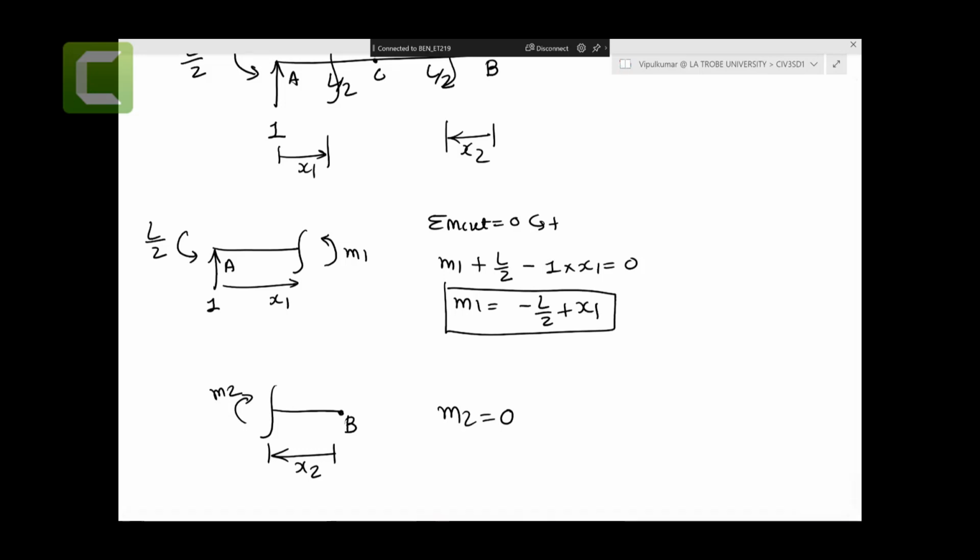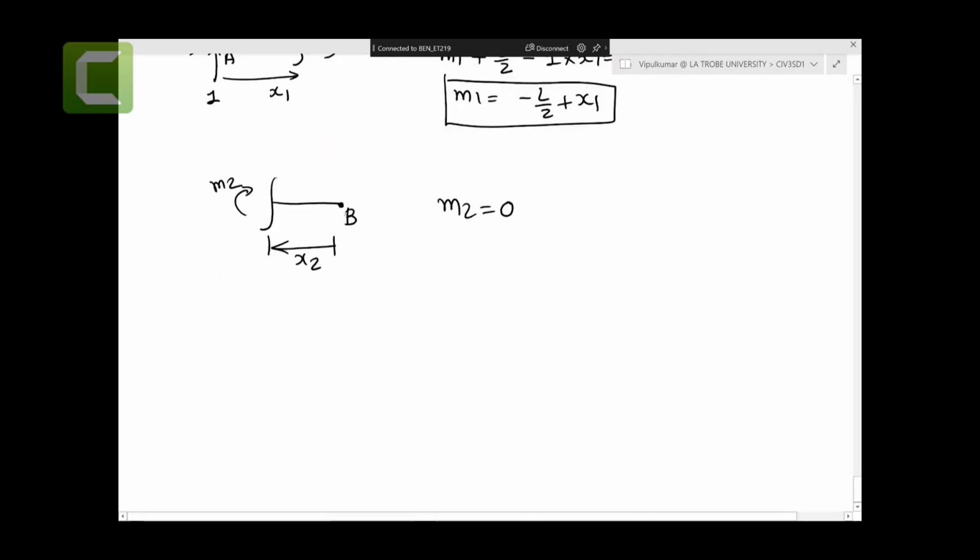Finding those small m1 and m2, and capital M1 and M2, is exactly what we've been doing in the last 5-6 weeks. That's nothing new, right? Therefore, we took the first 4 weeks to revise all those things, because finding M1 and M2 would be really challenging otherwise. So we have done finding those internal moment equations.